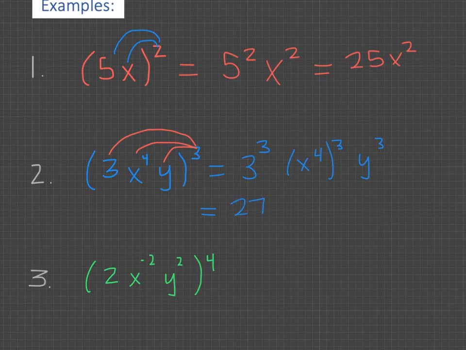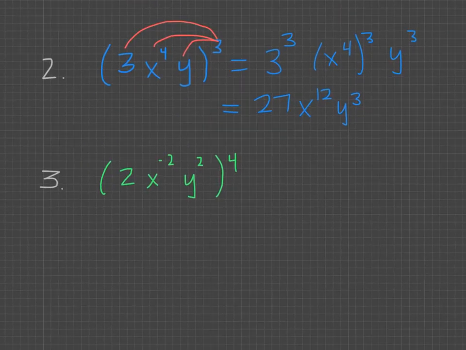And then we can apply our power rule here. We have x to the 4th to the 3rd, so we multiply 4 and 3 and get 12, and then y to the 3rd.